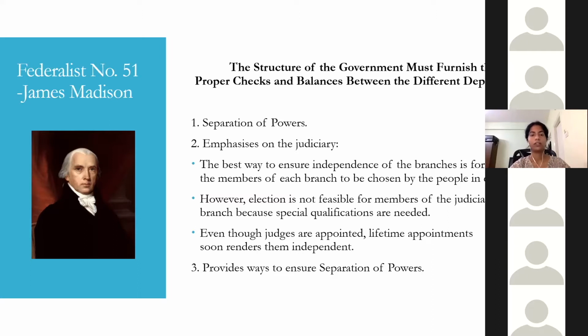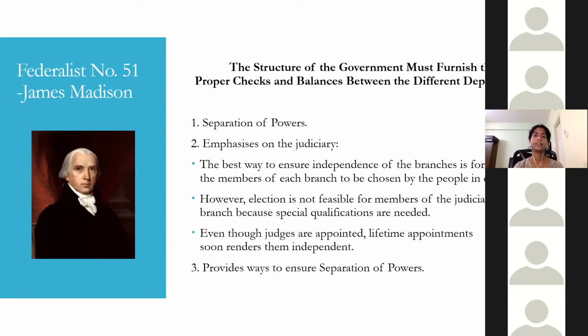He then goes on to argue that all appointments for the Supreme Executive, Legislature, and Judiciary should be drawn from the same fountain of authority, which is the people. So he argues that all appointments should be done by way of election.